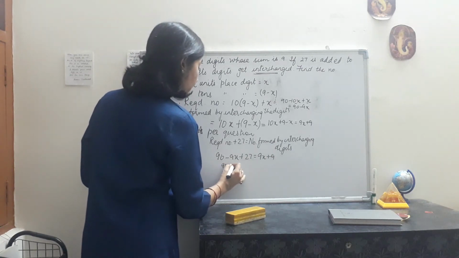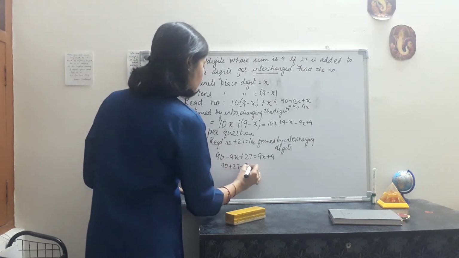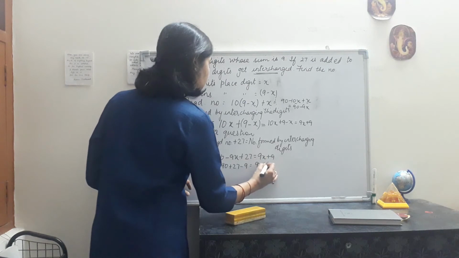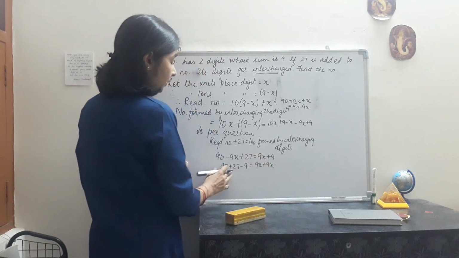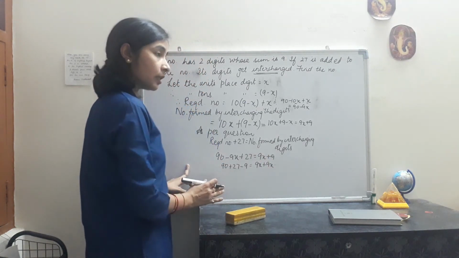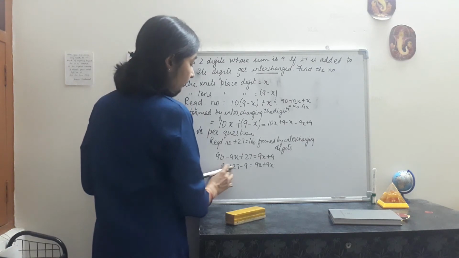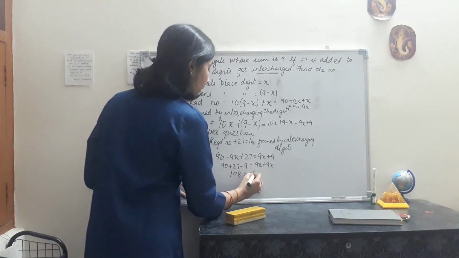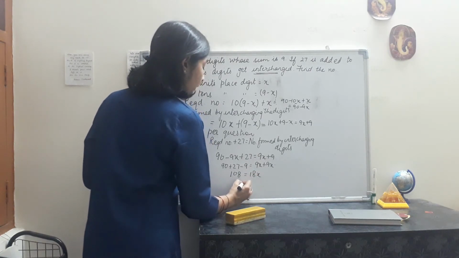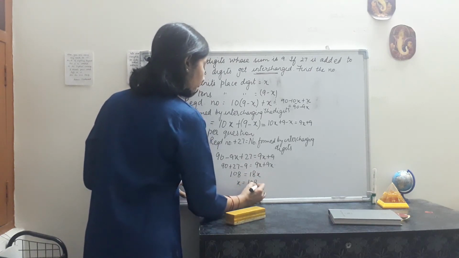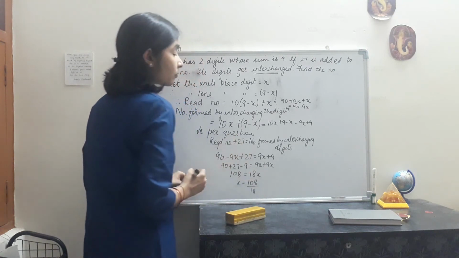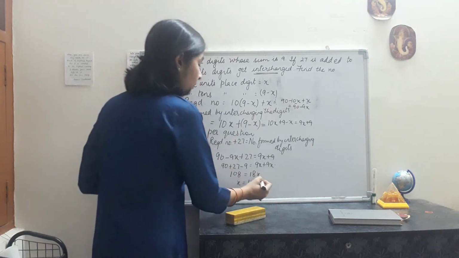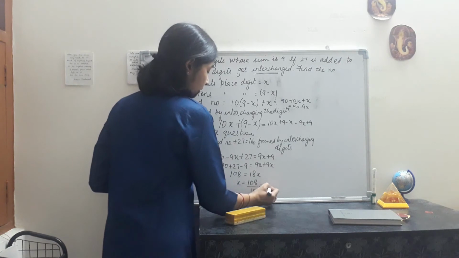So 90 plus 27 minus 9 is equal to 9x plus 9x. What do we get here? 27 minus 9 gives us 18, and 90 plus 18 gives us 108. So 108 is equal to 18x. So x is equal to 108 divided by 18. How much do we get? 108 divided by 18, we get 6.